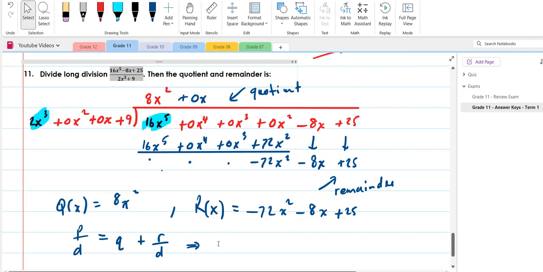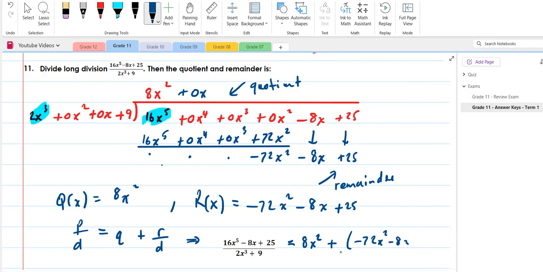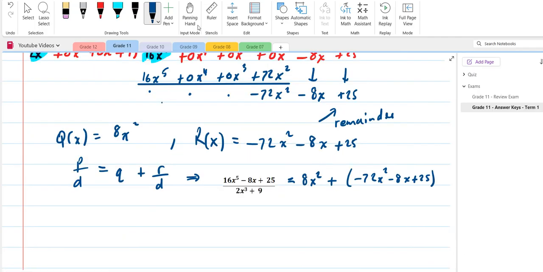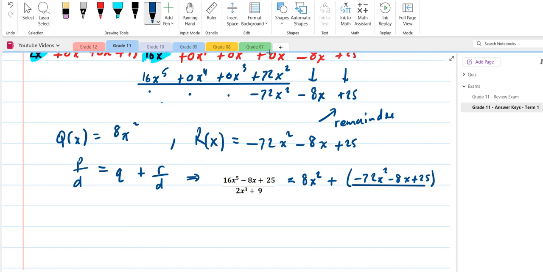If you want to write it in that form, this is what we get, which is equal to 8x squared plus negative 72x squared minus 8x plus 25, the remainder, all over the divisor. What's the divisor? 2x cubed plus 9.